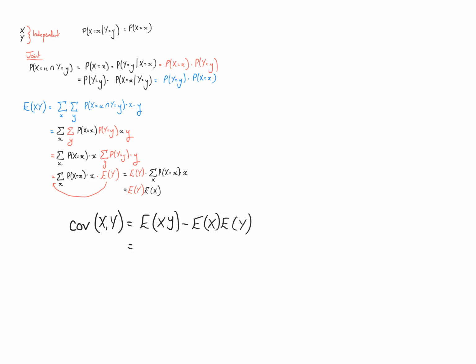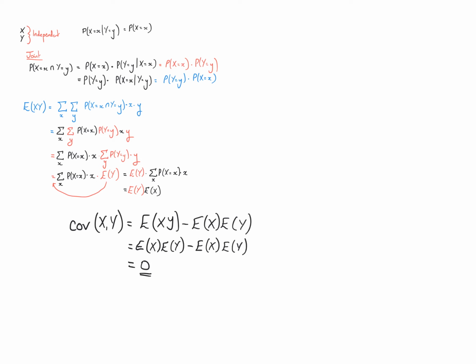But we know from above that if x and y are independent, this expectation of xy is just equal to the expectation of x times the expectation of y. So our covariance is just the expectation of x times the expectation of y minus the expectation of x multiplied by the expectation of y, which is equal to 0.